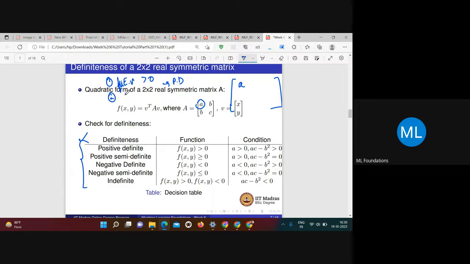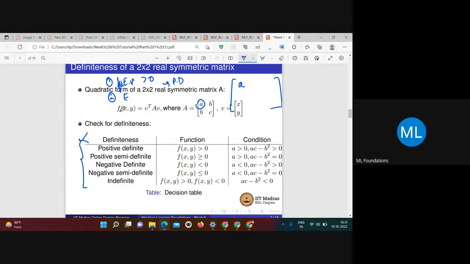And if you are getting some of the eigenvalues equal to zero, like in a 3 by 3 matrix, if you get one eigenvalue as zero and the other eigenvalues greater than zero, then it's a semi-definite matrix.